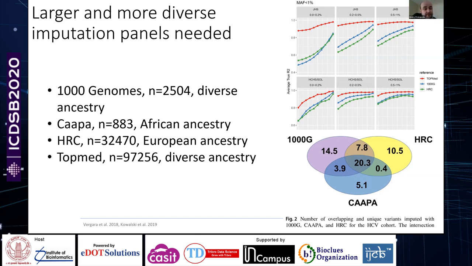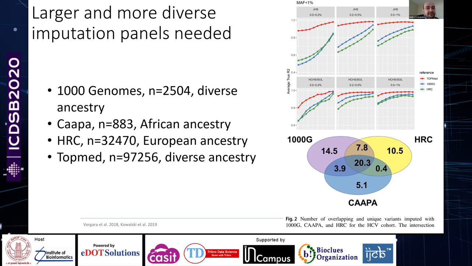And then most recently, TopMed has introduced their reference panel with almost 100,000 individuals of diverse ancestry. Besides diverse ancestry, TopMed is not a population-based cohort. It actually contains multiple studies of different heart, lung, and blood diseases, and this might also help imputation, in particular if you study the same disease as those cohorts are based on.